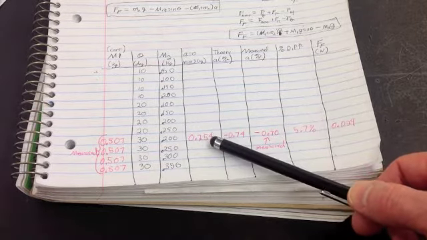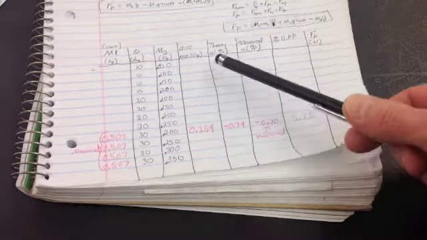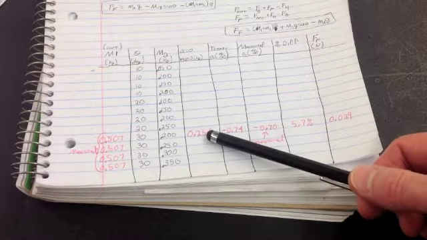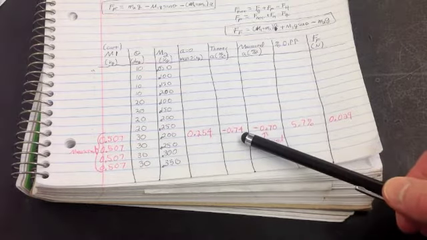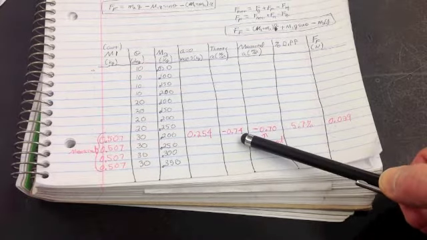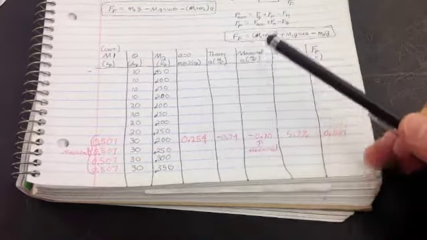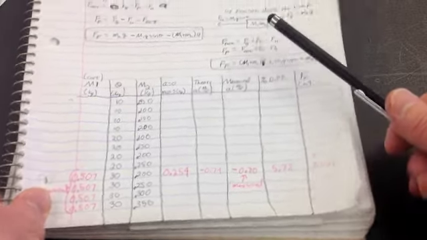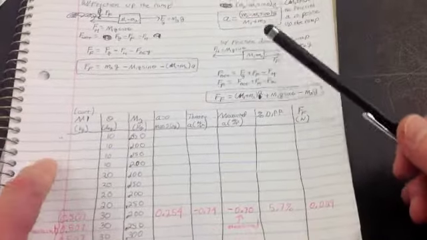Then I'm going to show you how to calculate this: a equals 0 means there's a certain mass that gives me an acceleration of 0 in theory. And for the theoretical acceleration, we use the formula from up here.